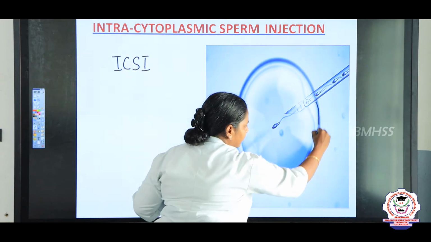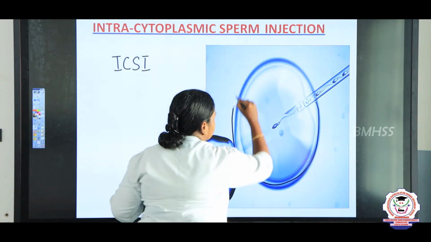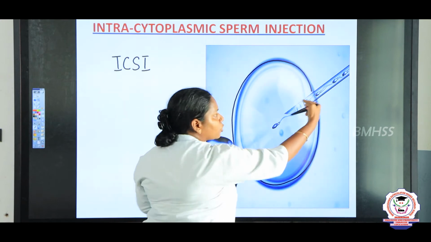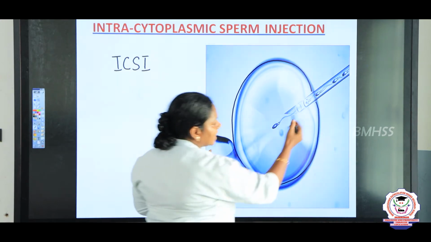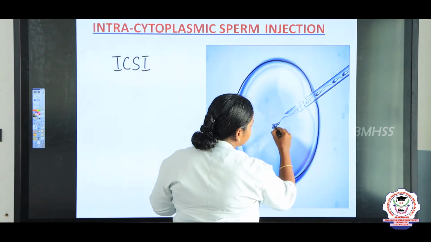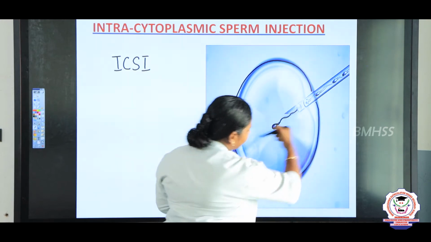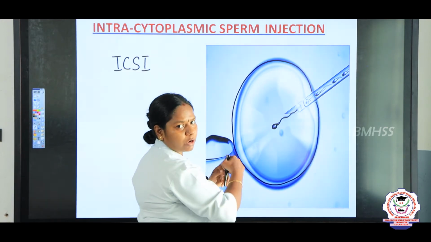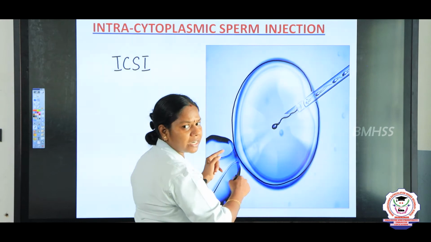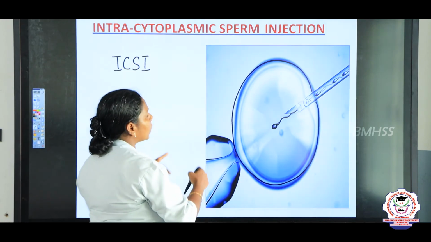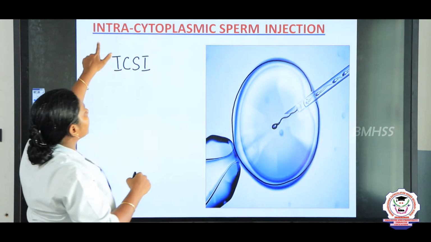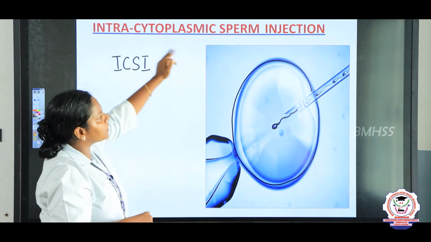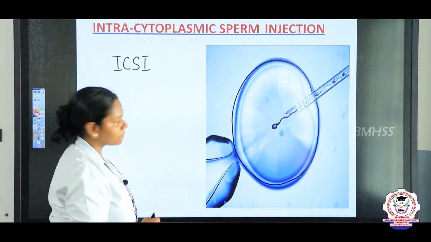This is the egg, and through a fine flexible catheter, they are directly injecting the sperm into the cytoplasm of the egg. Now what happens? Fertilization takes place. So this we say is intracytoplasmic sperm injection.